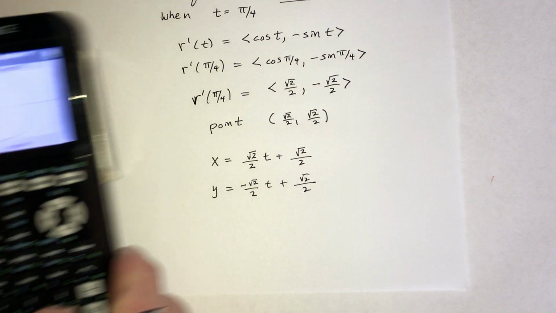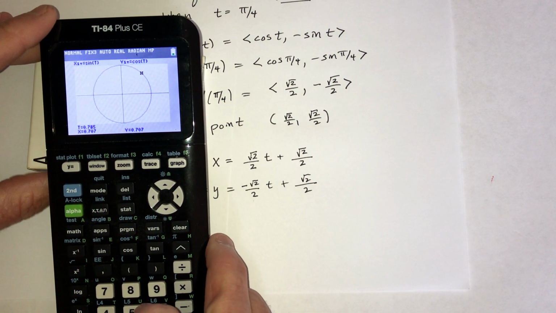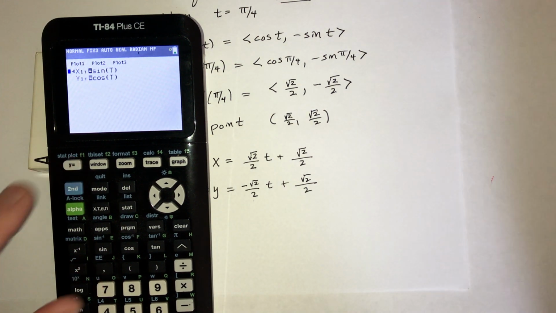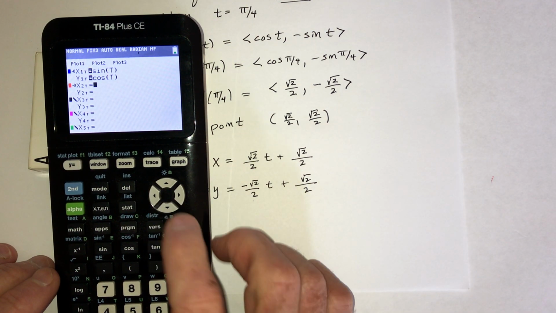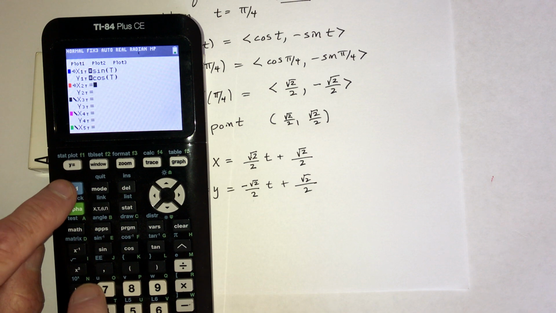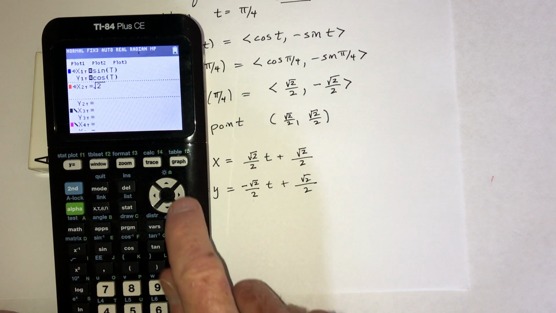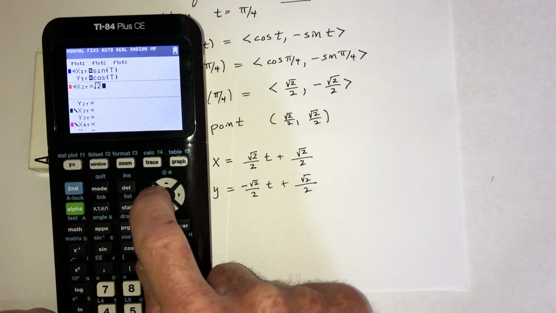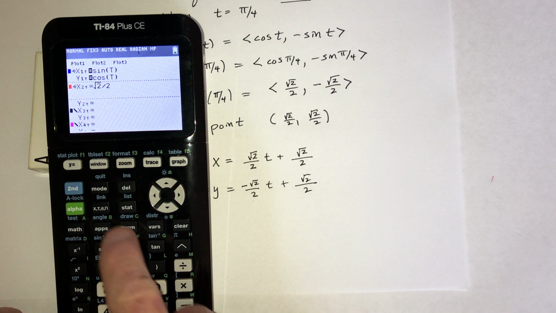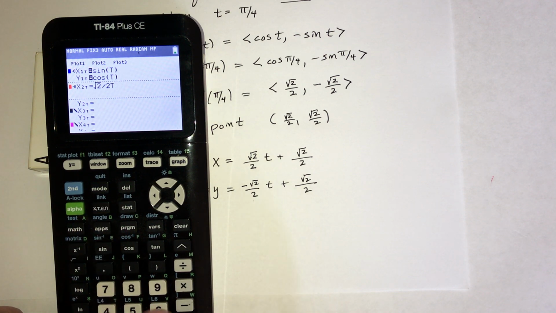Now I want to test that theory. So if I also graph x is equal to the square root of 2 over 2 times t, and then plus the square root of 2 over 2. There's the x part.